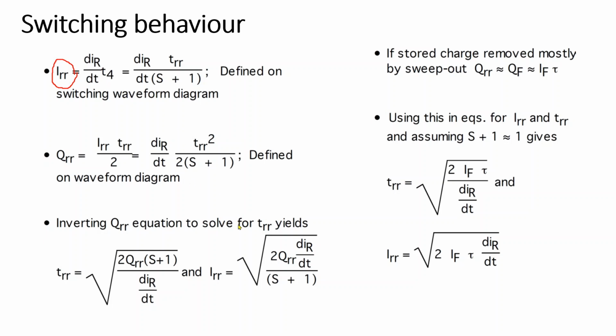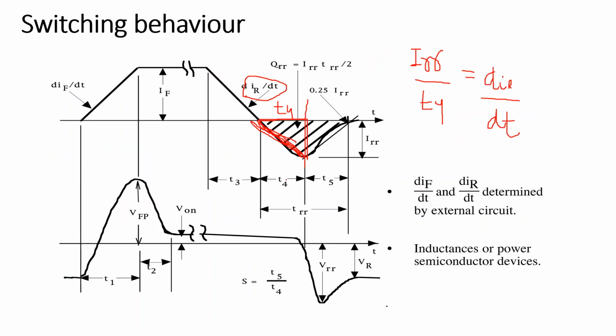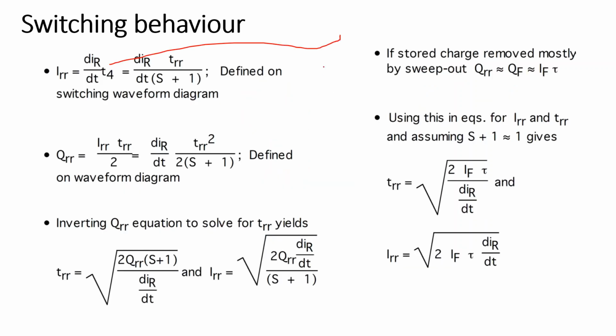Now in terms of the snapping factor, T4 can be written as TRR minus T5, right? This TRR minus T5 is T4.